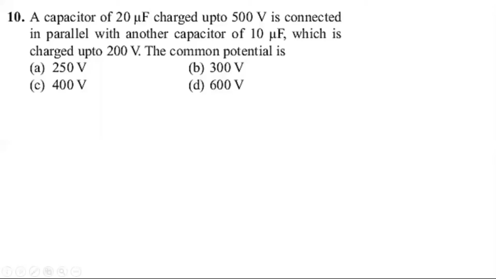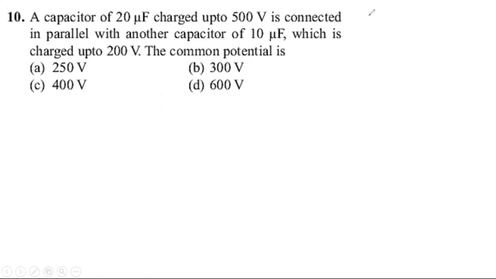Okay, so this is another question related to common potential. Here it is said that a capacitor of 20 microfarad charged up to 500 volt is connected in parallel with another capacitor of 10 microfarad, which is charged up to 200 volt.